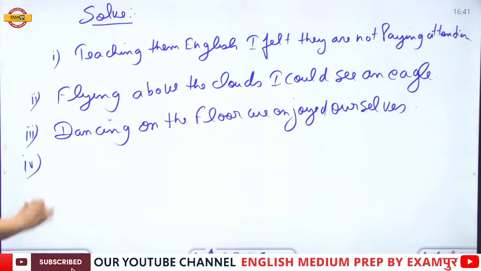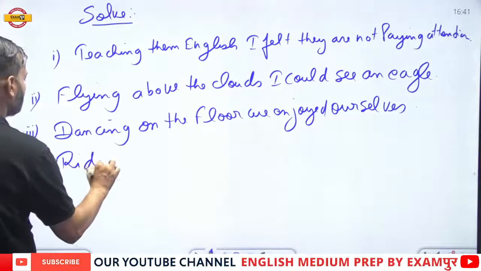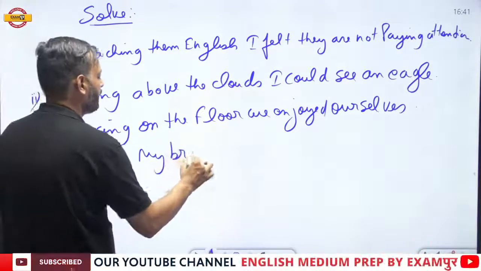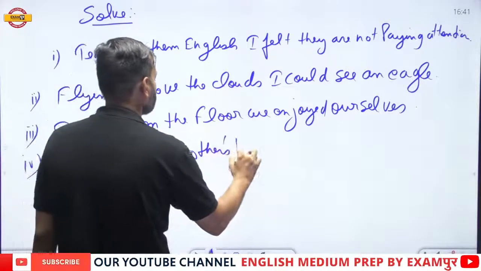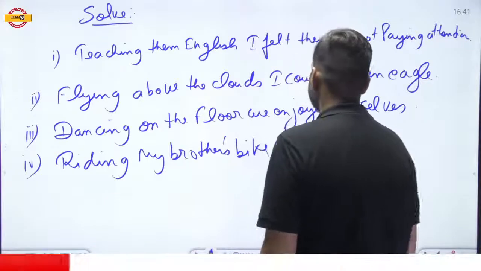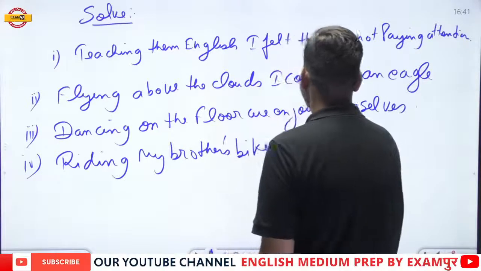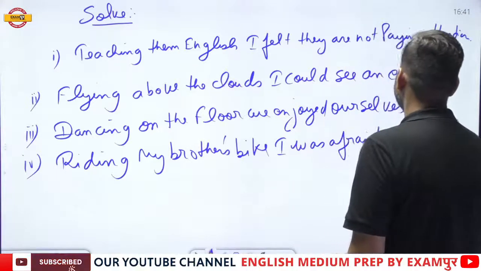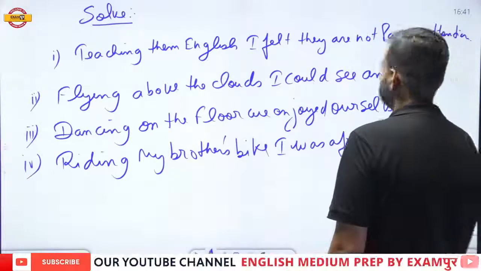Fourth sentence: riding my brother's bike, I was afraid of him.